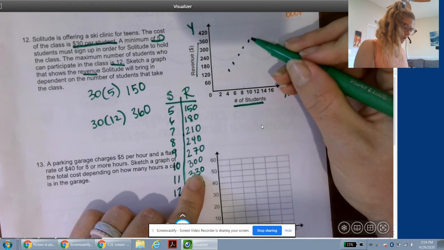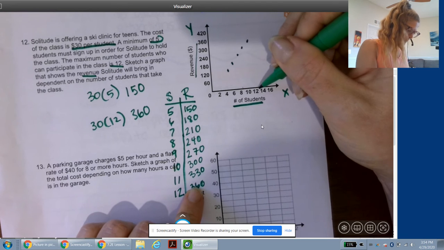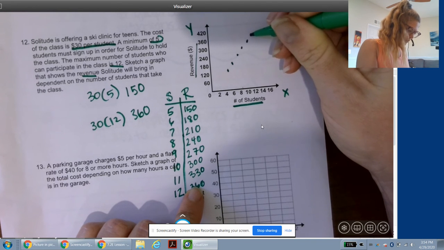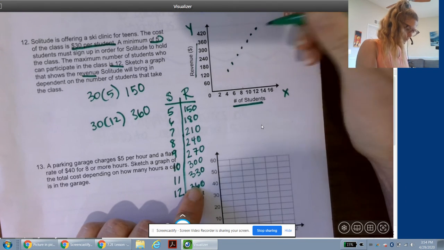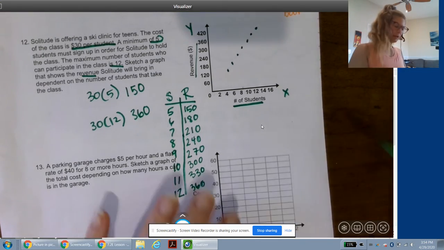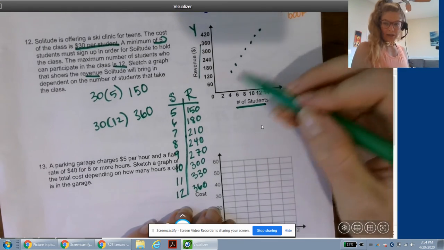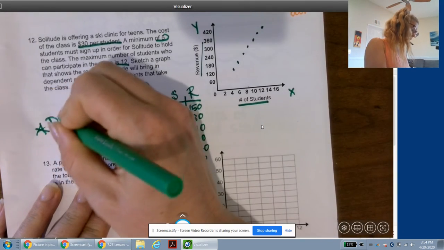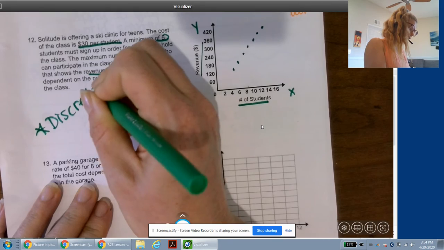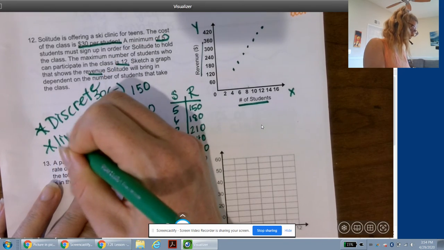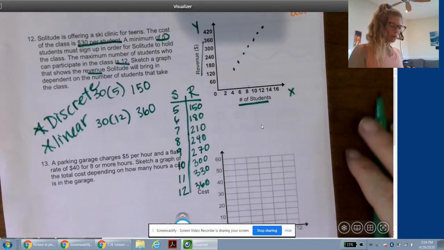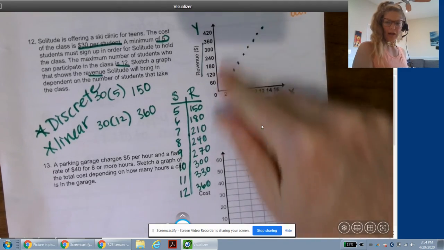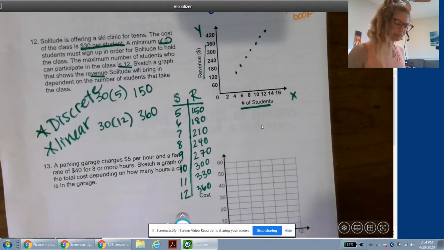And notice this is going to be a linear relationship. 11, 330, 12, 360. And it should be linear but discrete and linear. So note that this is discrete and linear. Cool. It's hard to graph without lines, but I think we did a nice job.